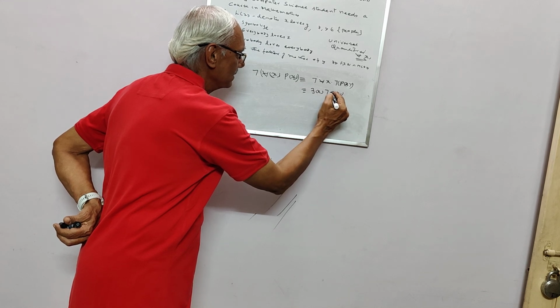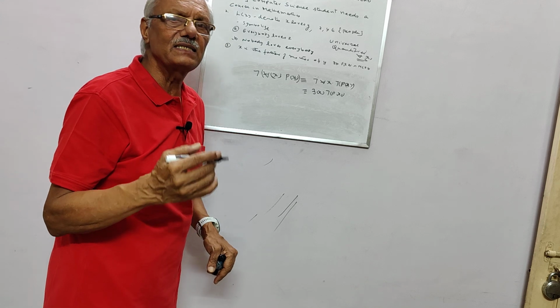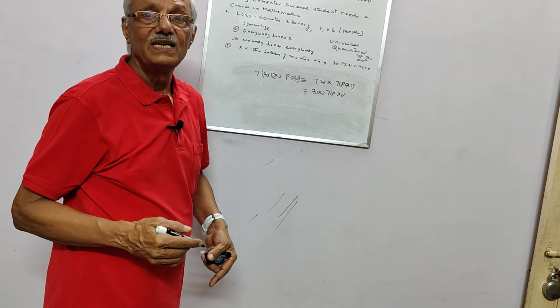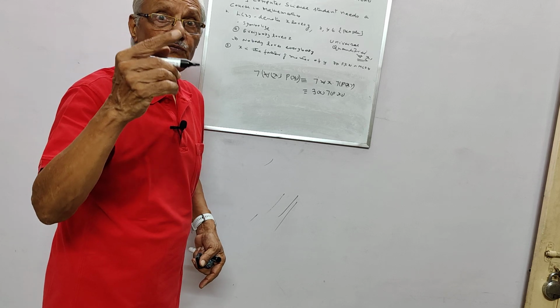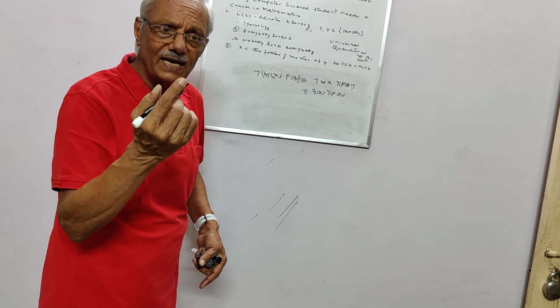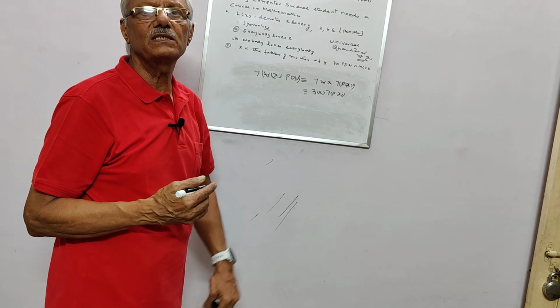Now read this: negation of for all x p of x means there exists an x for which negation of p of x is true. I gave you that 4, 5 domain, for which there exists one element, 4, for which that particular statement is not true.